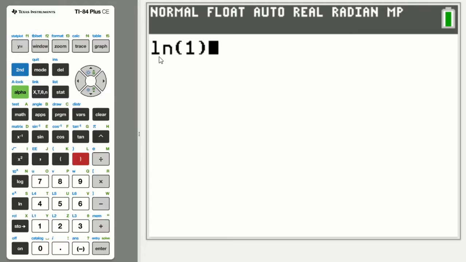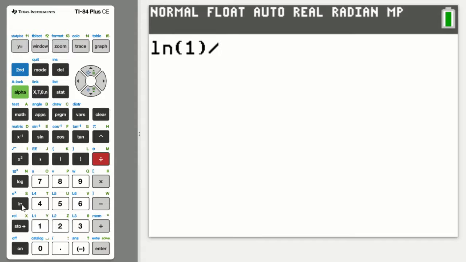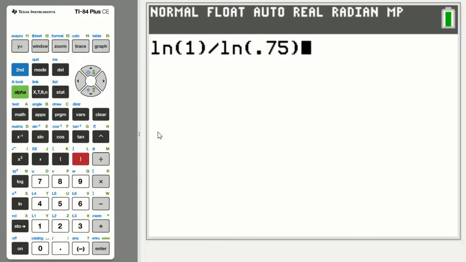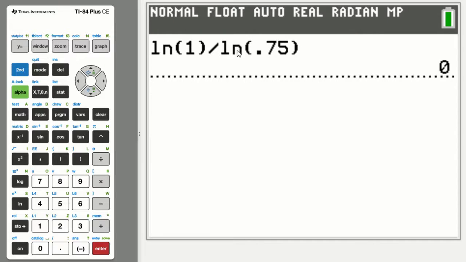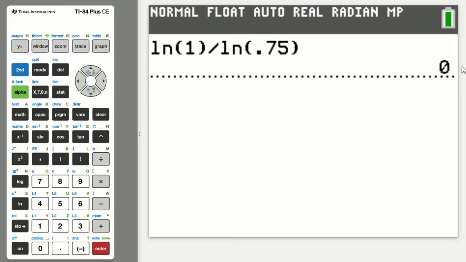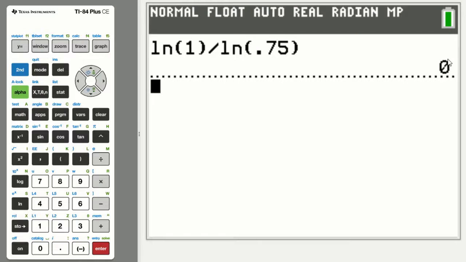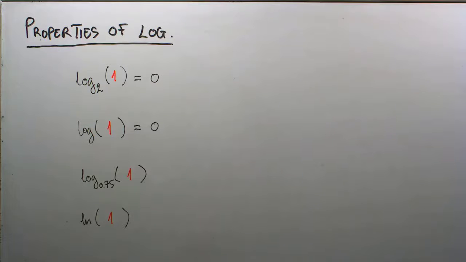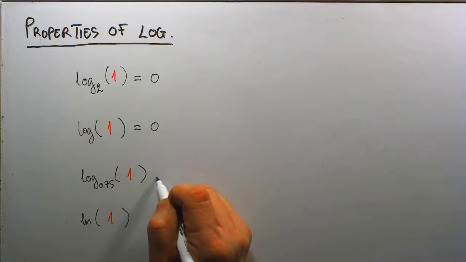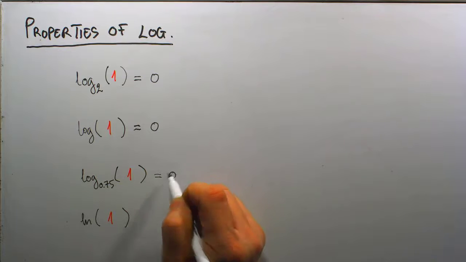I made my choice: natural log of 1 divided by natural log of 0.75. This value comes from the base of the original log problem. Let's now hit enter to obtain our final answer. All right, so this is the answer for log base 0.75 of 1. I have the answer here equals 0.